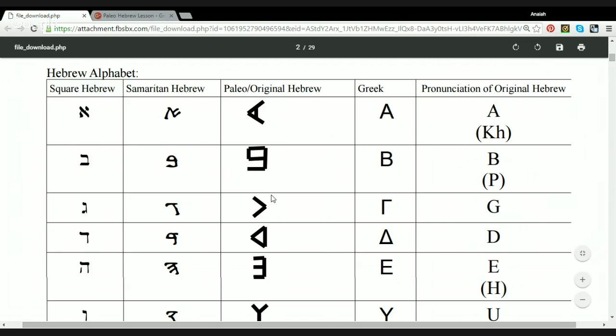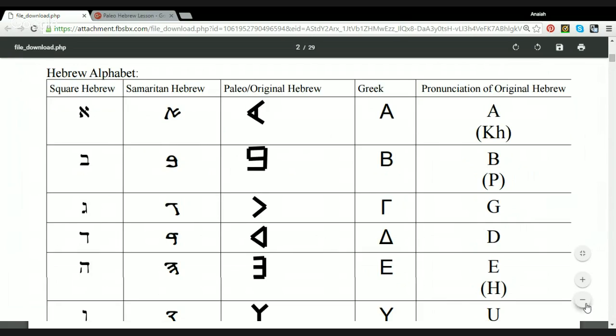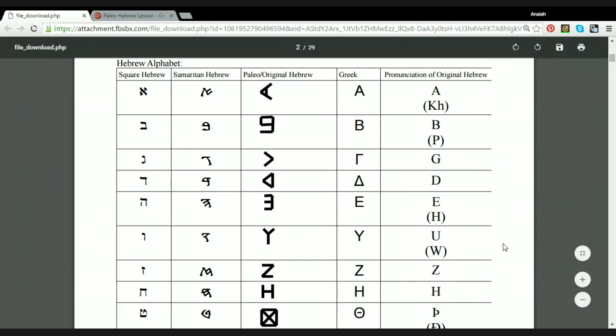So I'm gonna zoom out a little bit. You can still see that fine? Yep. Basically, you're gonna look at the Greek alphabet and you're gonna see it looks very similar to the Paleo alphabet. So you've got the A right here, and there's the A, the B, the G. That's gamma in Greek.